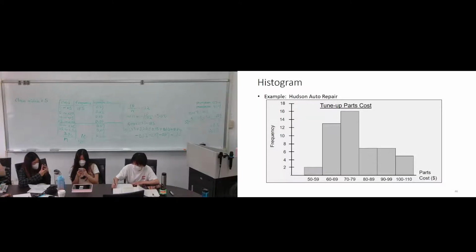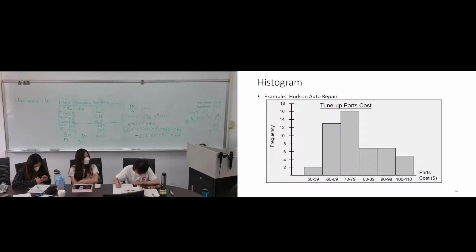From 50 to 59, the frequency is 2. From 60 to 69, the frequency is 13. From 70 to 79, the frequency is 16. From 80 to 89, the frequency is 7. The same for 90 through 99. And in the last class, from 100 to 110, the frequency is 5.